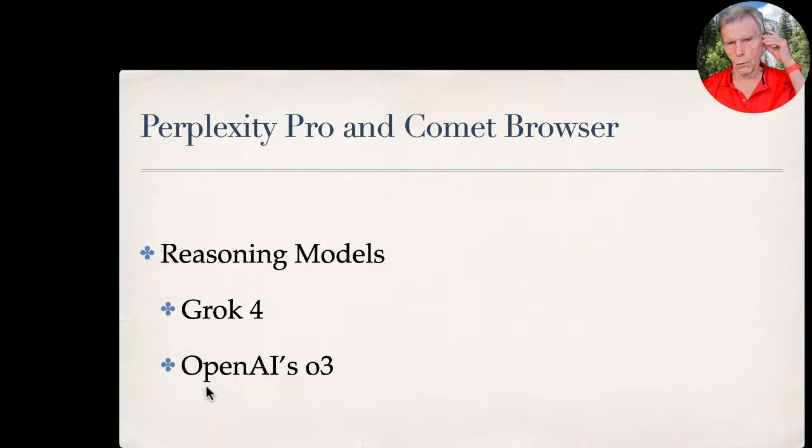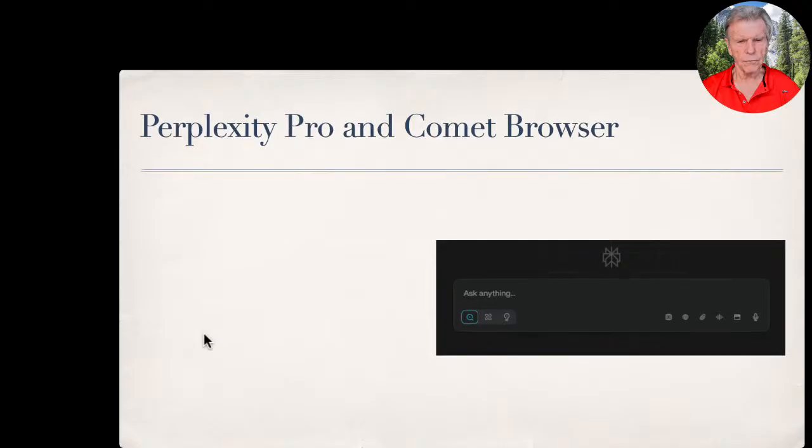So you go to one place, Perplexity, and you get access to all these models, and you don't have to pay extra for those other models. So it's a good way to use artificial intelligence.